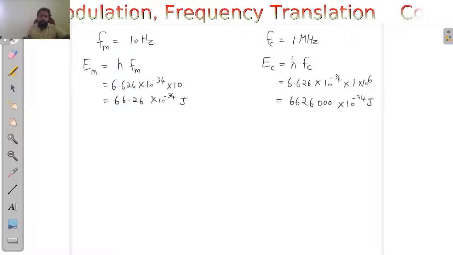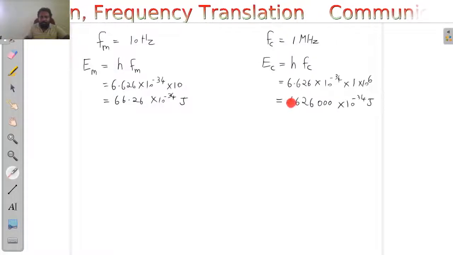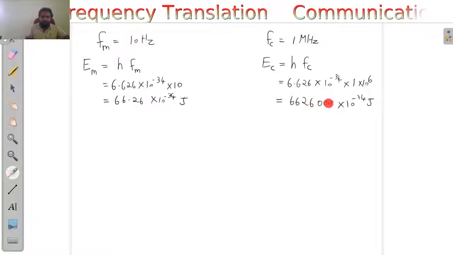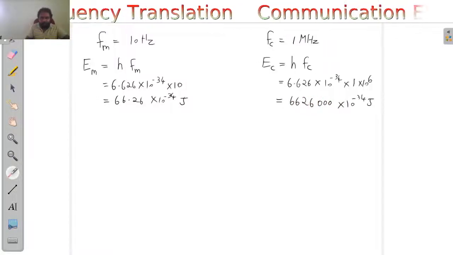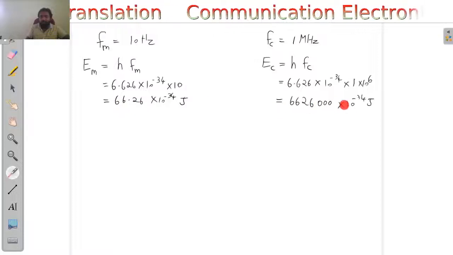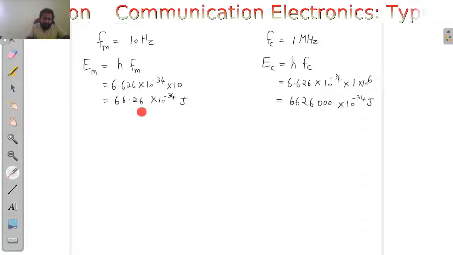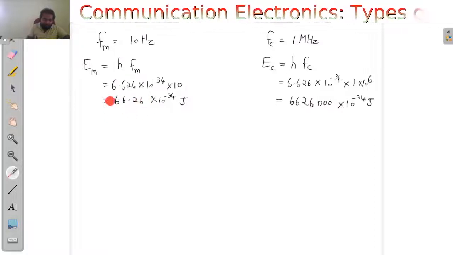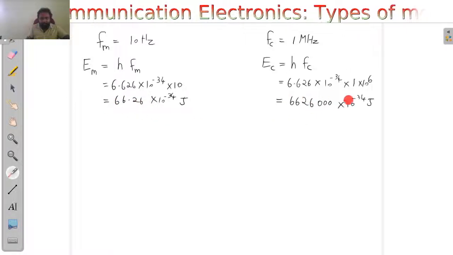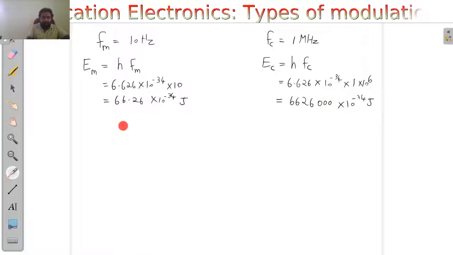Okay, so you can see that in this case the energy is much higher in the carrier frequency, and the energy of the message signal is much smaller than the energy in the carrier frequency. And when we frequency translate the message signal to the range of the carrier signal, then what is happening is that the energy of this will increase.